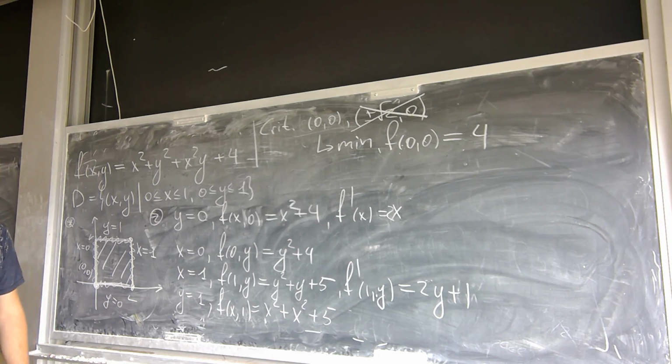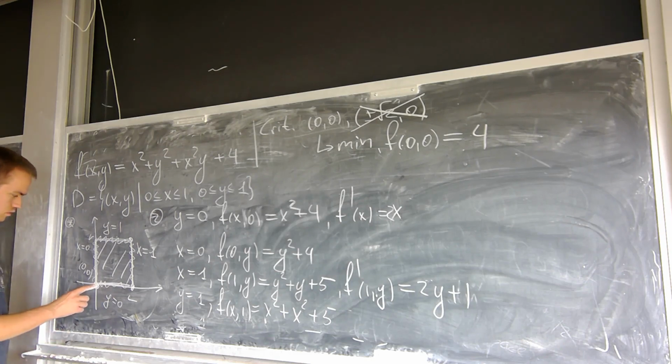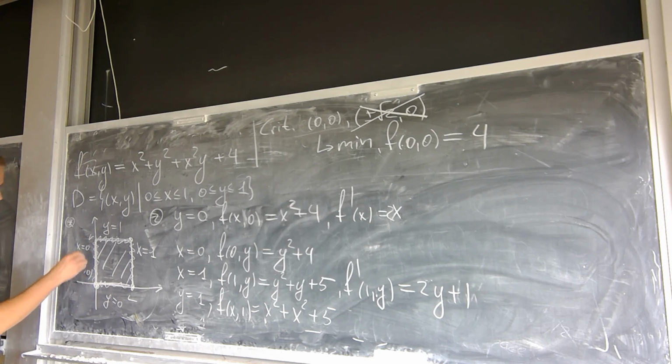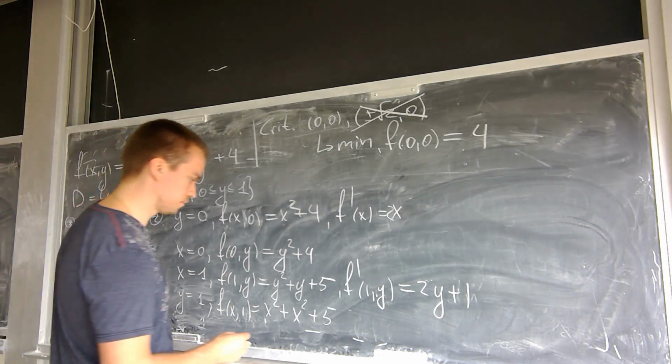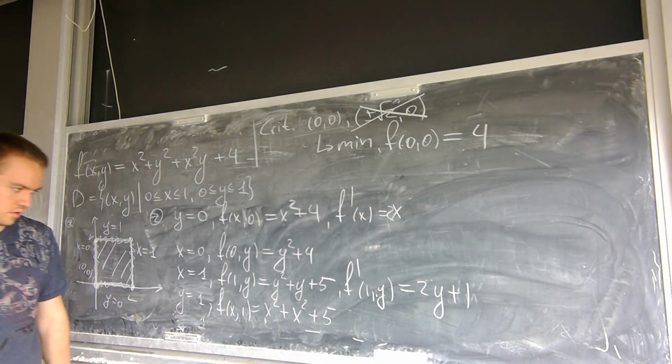Okay, yeah. f prime of x is going to be 4x, so it's going to be 0. And 0, 1: x equals 0 is this one, and y equals 1 is this one. So this is the critical point. In this case, what is my value?